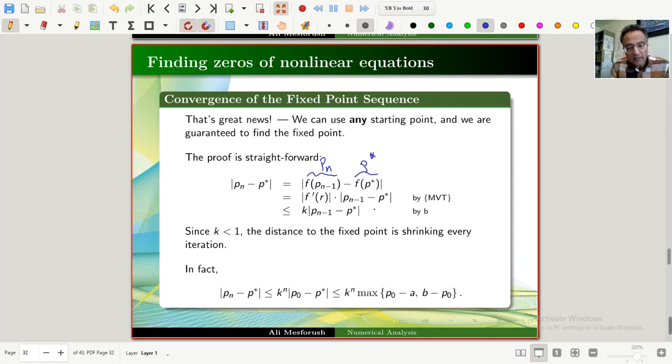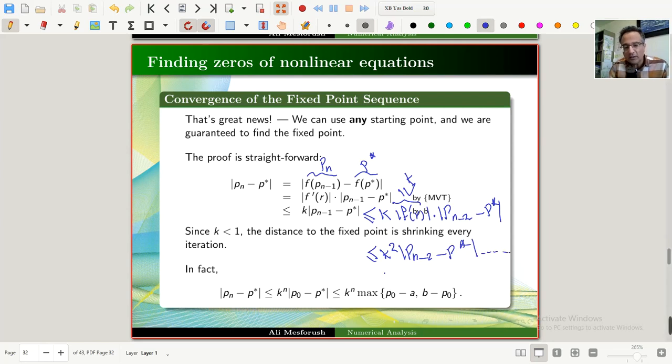In fact, we can say that this is less than or equal to k times the absolute value of Pn minus 2 minus P star. Okay, and this one again is less than or equal to k, and we get less than or equal to k squared times Pn minus 2 minus P star.